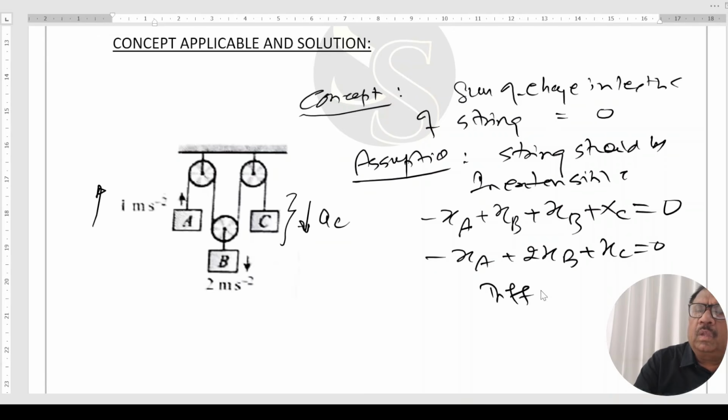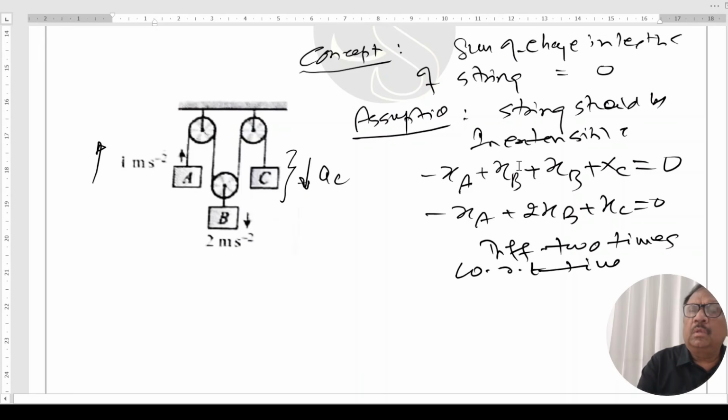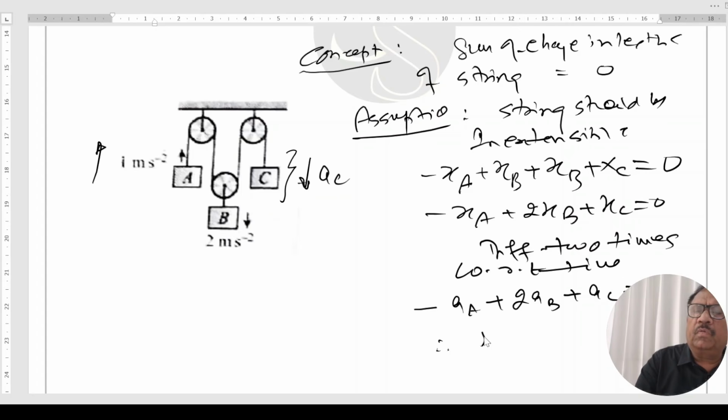Differentiating 2 times with respect to time, we get minus AA plus twice AB plus AC equal to 0. Therefore, AC comes out to be AA minus twice AB.